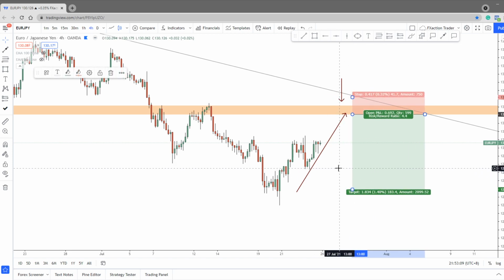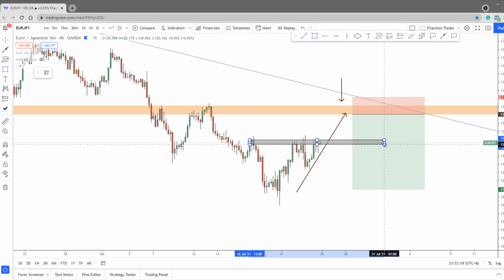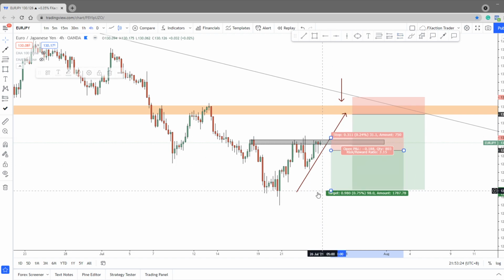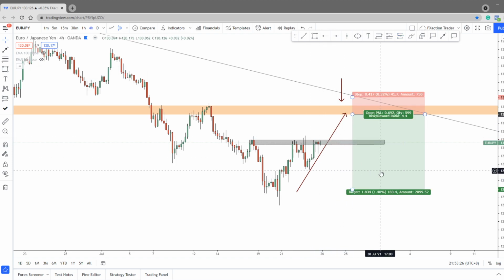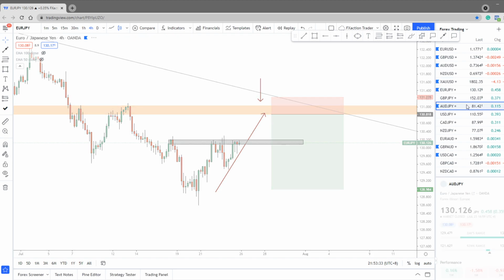The second option is that the market could not break through this temporary resistance at 131, and that is another signal for us to look for a short trade here. So just wait for the market to show us the best signal or the best zone to do our entry.